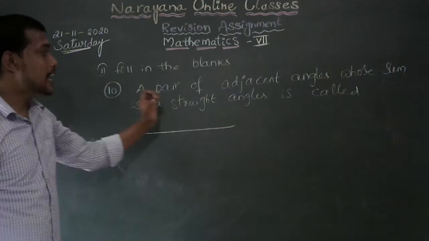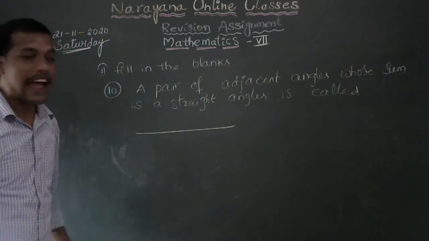Here a pair of adjacent angles whose sum is a straight angle is called.